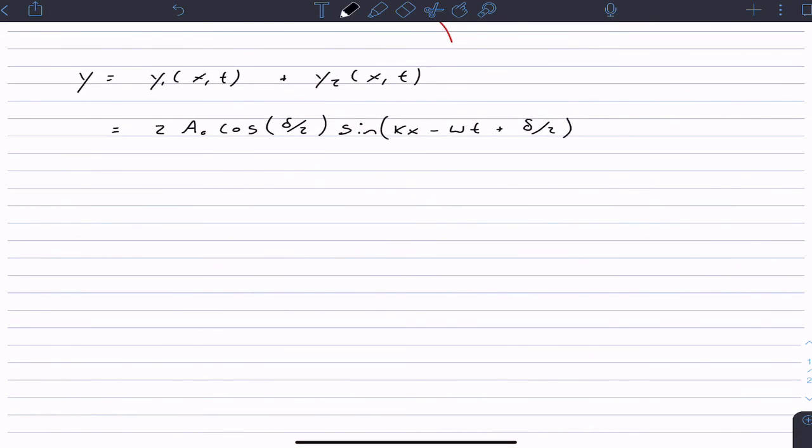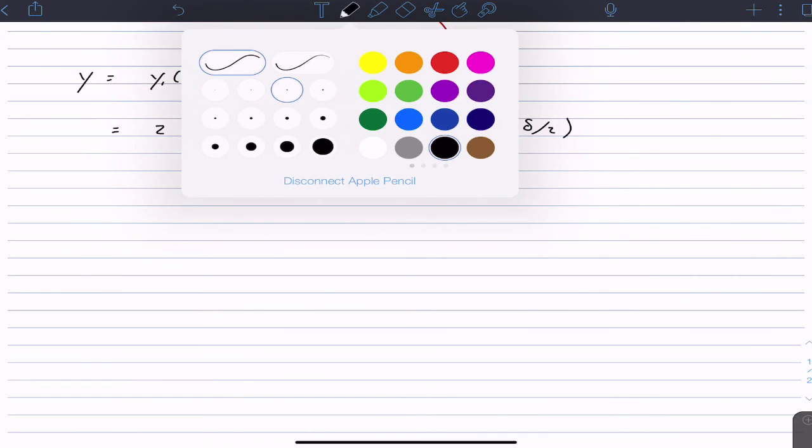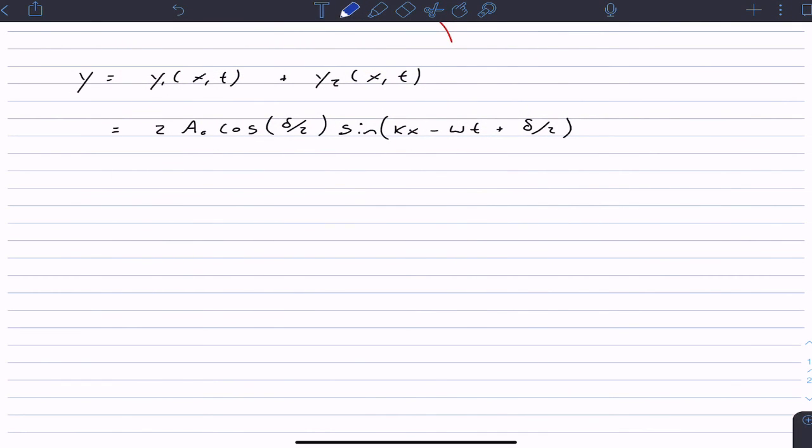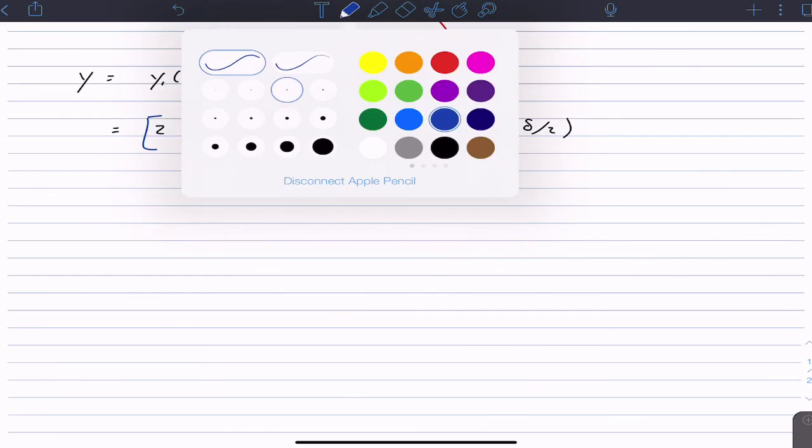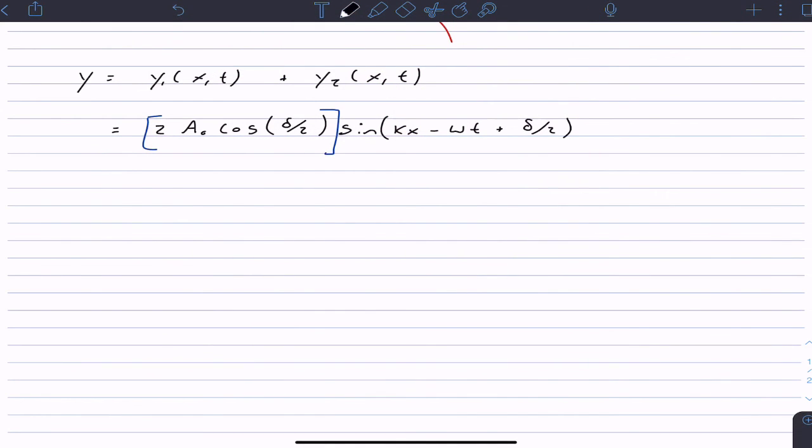Okay, and if we look at this, we can see a pattern here from something that we had before, right? This looks very similar to the wave function that we had earlier in some of our other lectures, right? Where we had an amplitude, which we called y max, times sine of kx minus omega t, right?